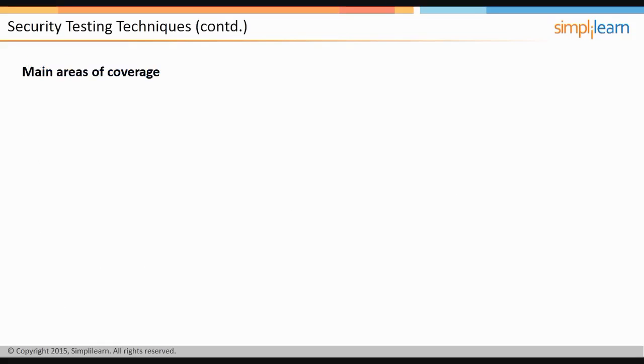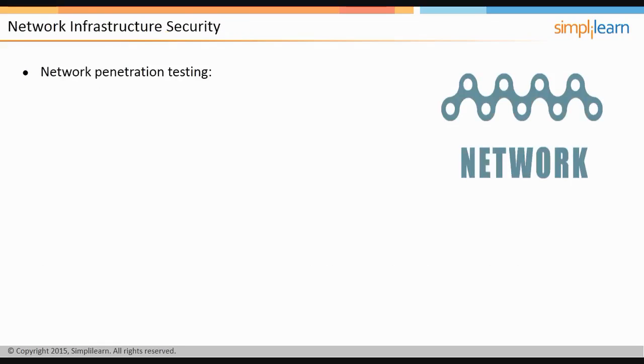Main areas covered here are auditing network infrastructure security. In the next few screens, we will learn about network infrastructure security. Network penetration testing is also called intrusion tests or ethical hacking.